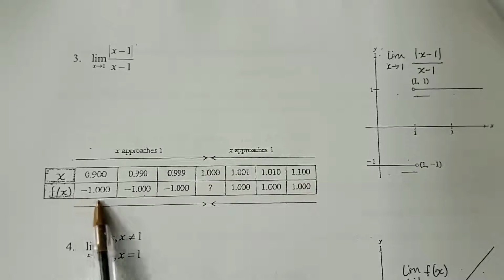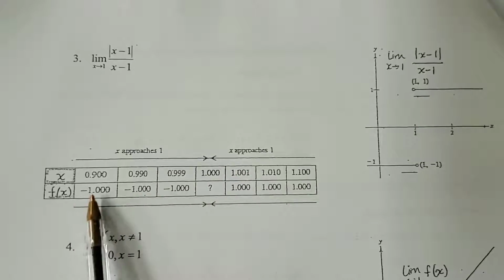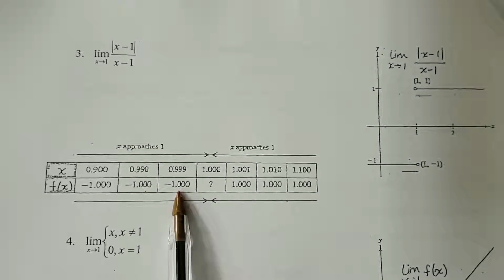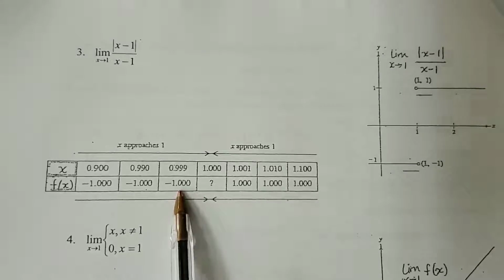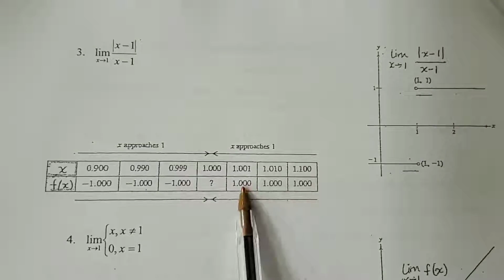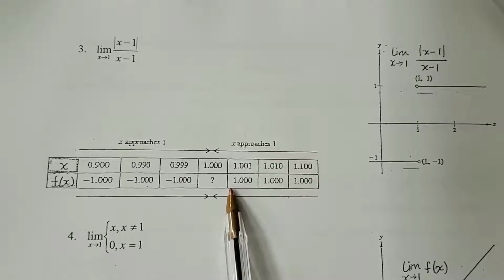If you look at the left-hand side here, our values are always coming out to be negative 1. So it would seem like they're approaching negative 1, right? It's not like they're getting close to 0 or anything. If I look at the right-hand side, these are staying constant, really, at a height of 1.